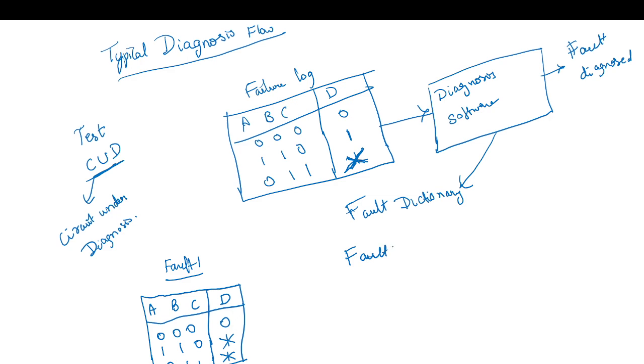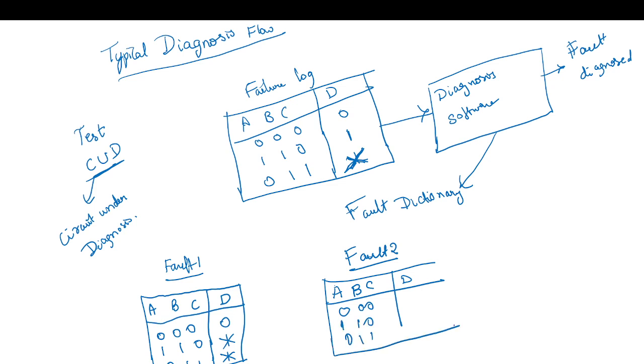So for fault 2, similarly, we draw it. This needs fault simulation to obtain the fault dictionary. For this particular fault, the same three patterns we apply and simulate, and we observe that this pattern is failing, but the other two patterns are correct.